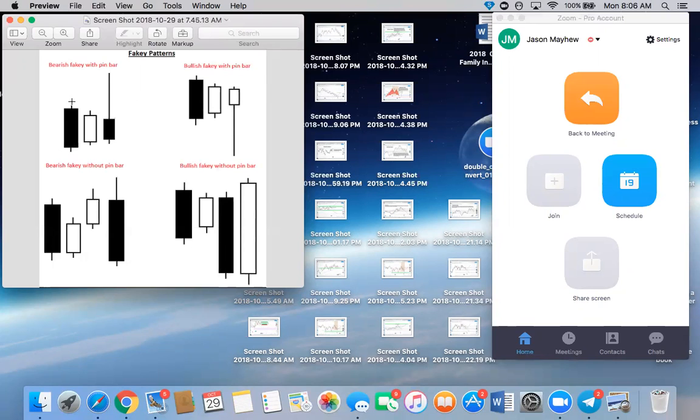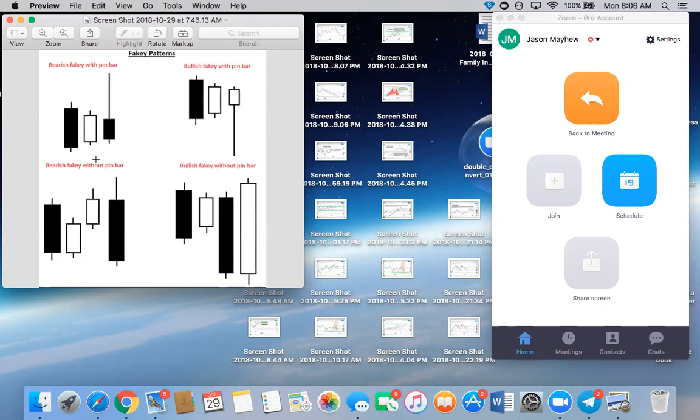So you can see here the high, and this high is lower, the low, and this low is lower. So price moved up, we get a smaller candle, and then this is the fake breakout.